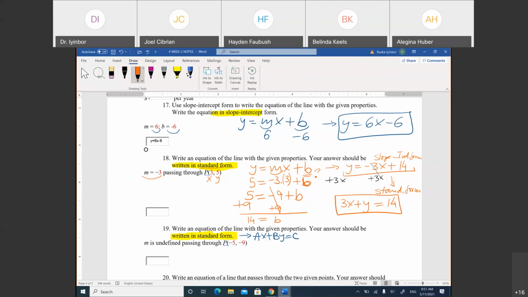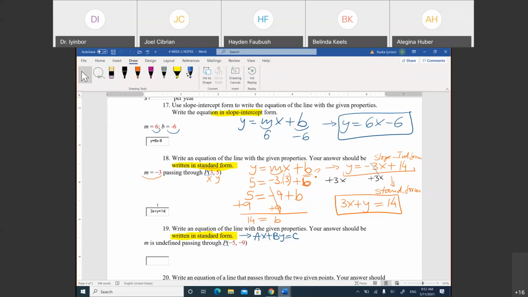Okay? So does everybody understand the steps we did? Use the x and y from the point. You plug it into the slope-intercept form, and then we find b. After you find b, you have the equation in slope-intercept form, and then you move the x next to the y to get the standard form.